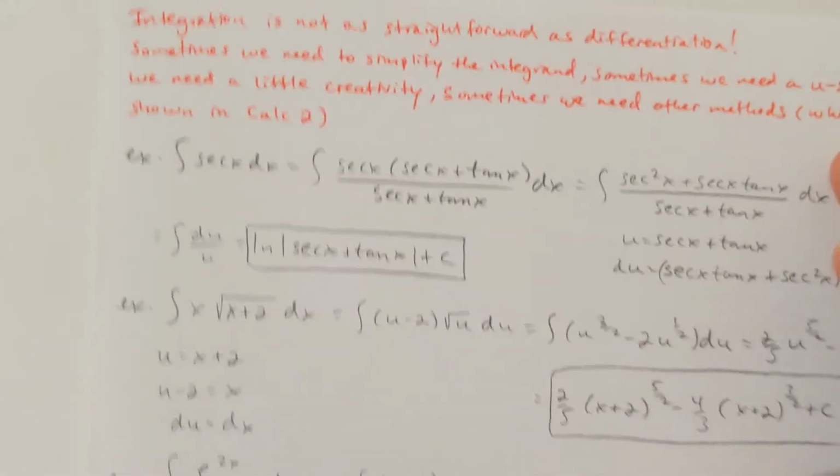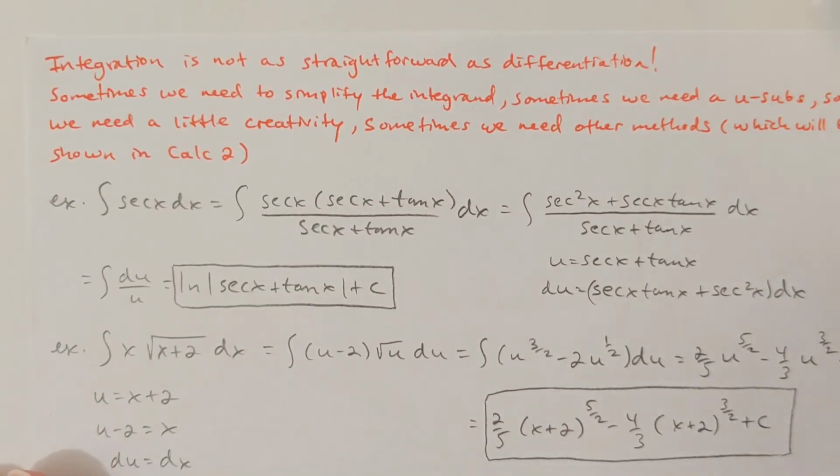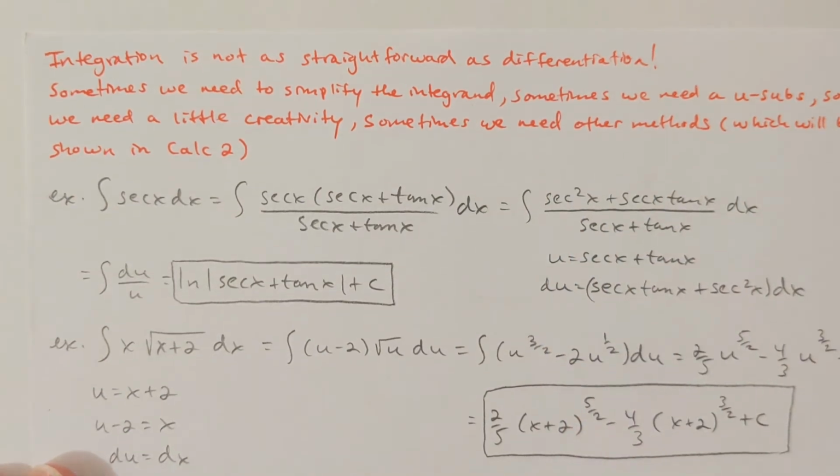Now, one of the things to mention about integration is that it is not as straightforward as differentiation. What I mean by that is when you're given a function and you want to calculate the derivative, you should always have a plan, at least about how to begin.